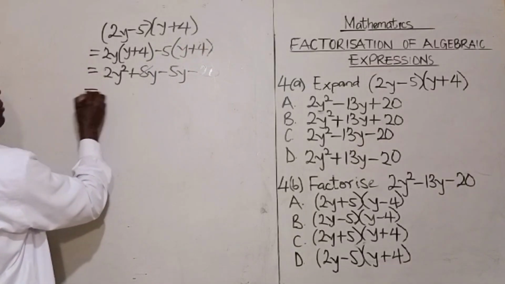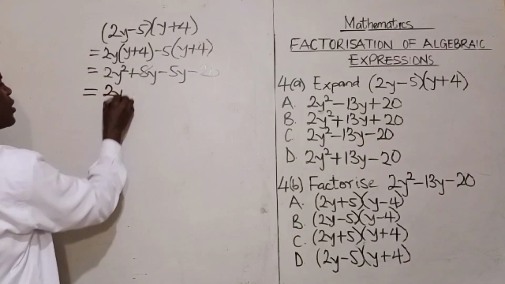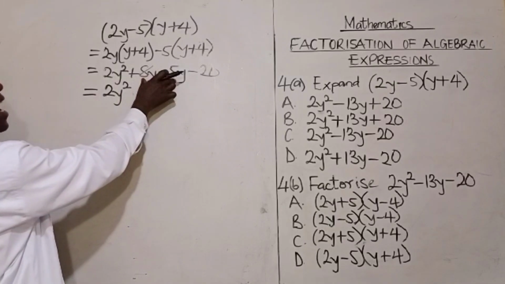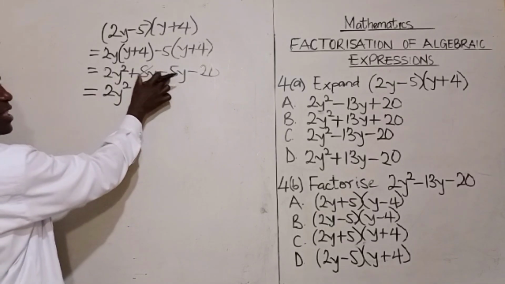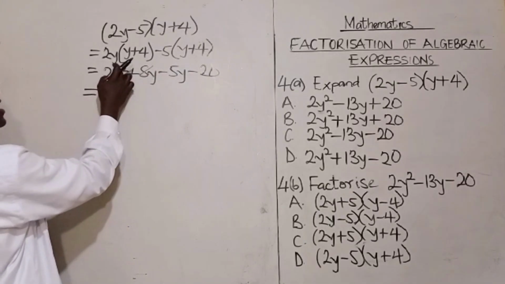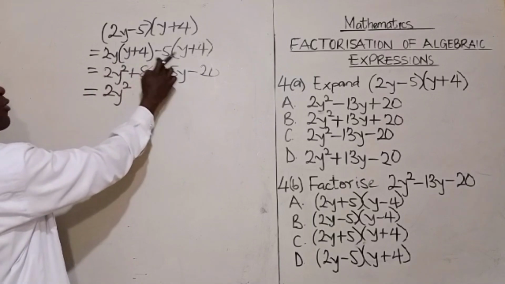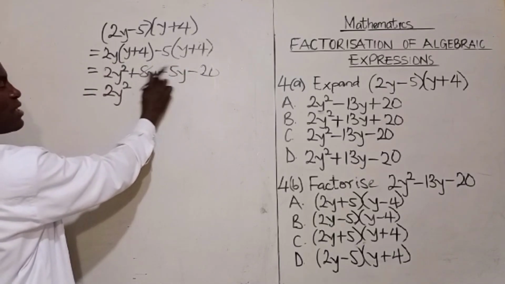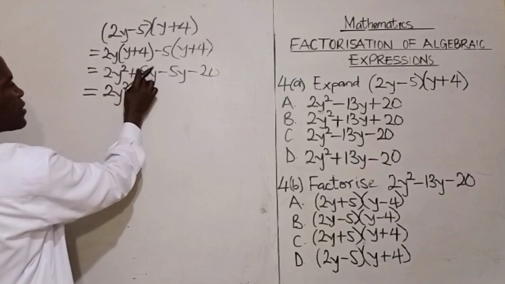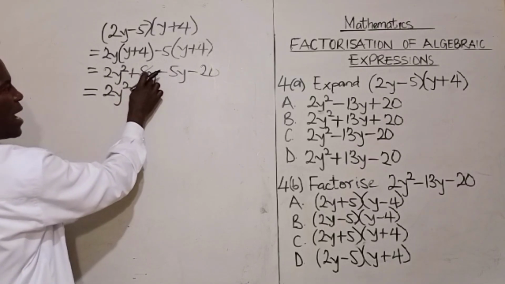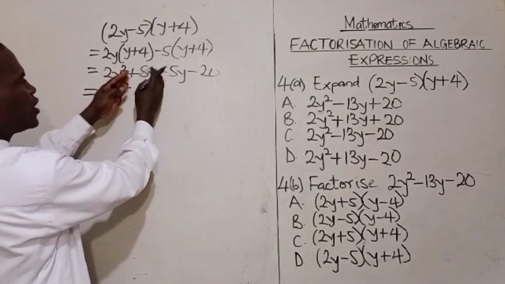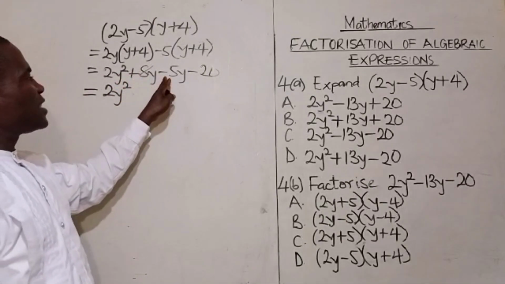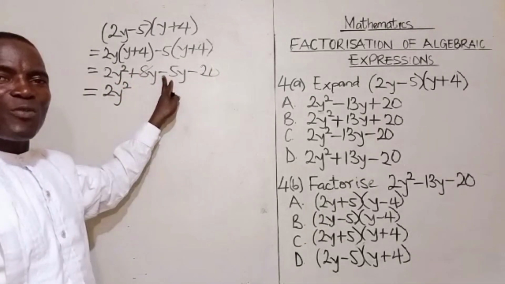Now we can proceed this way. 2y squared. This term and this term, they are like, but they are not like with this one, because this one is power of 2, while this one is power of 1. So the ones having power of 1 can interact together. This is plus 8y minus 5y, which means I have 8y with me and I'm owing 5y.